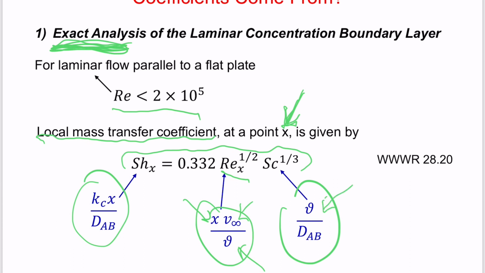Here are the properties of the fluid, and here's the diffusivity of the solute through the fluid. So we've got that equation having the Sherwood number on the left and the Schmidt number as well on the right, and the Reynolds number in the middle. And everything's unitless. So once I get the Sherwood number, now I know x, I know the diffusivity, so I can now solve for my convection coefficient.